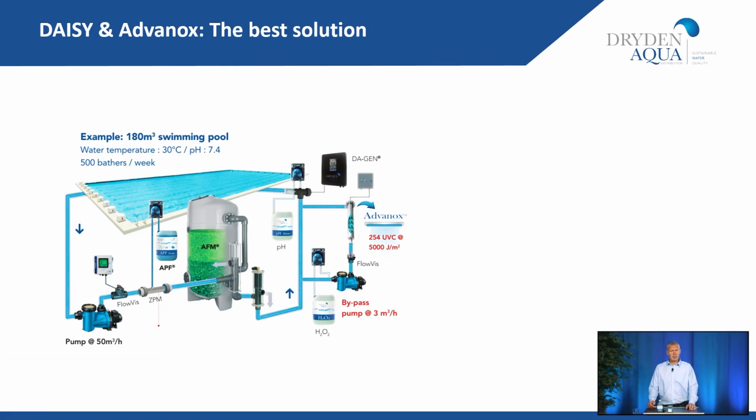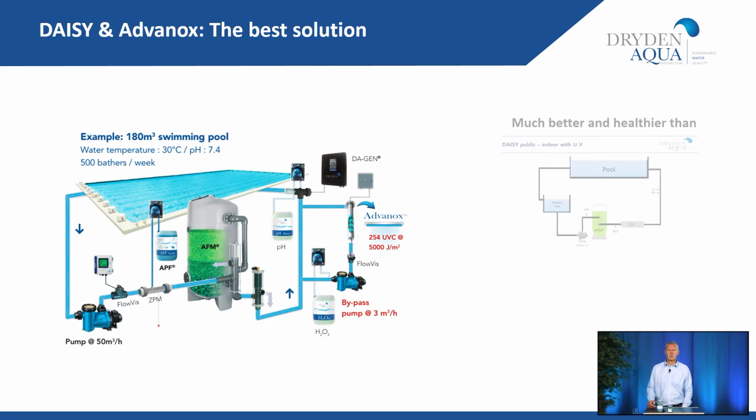This is the example of a 180 cubic meter pool here in Switzerland, 500 bathers a week. And this is where they had a problem with the total combined chlorine being over and above 0.2. And DAISY and Advanox provided the best solution here.